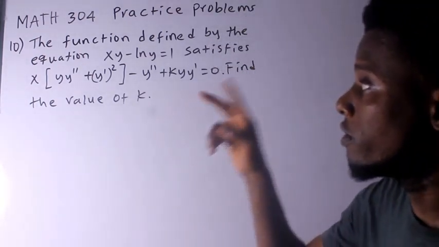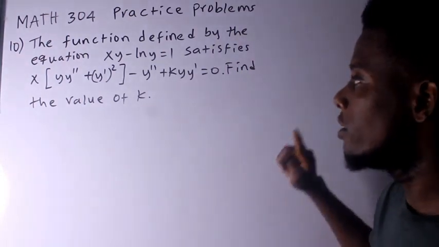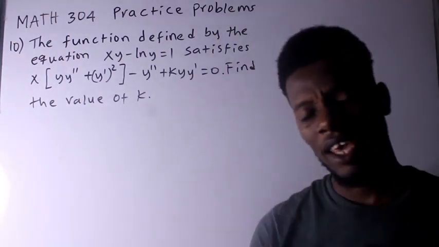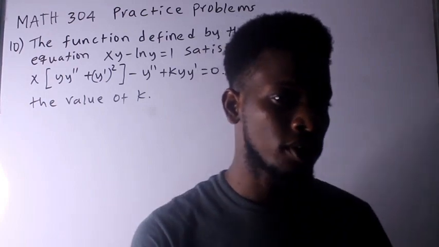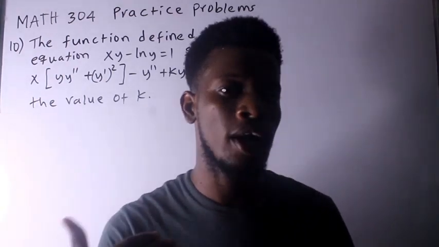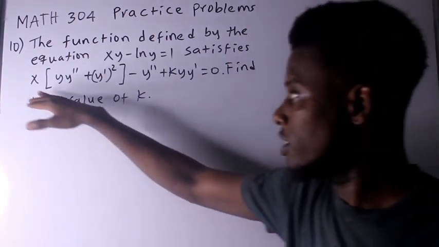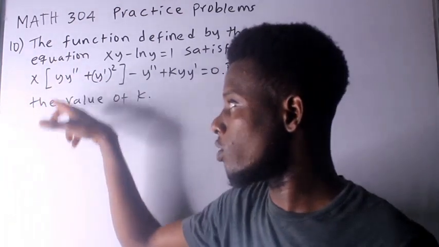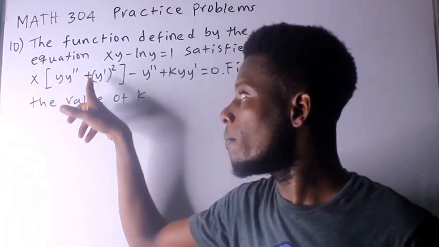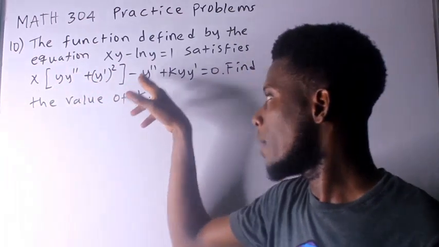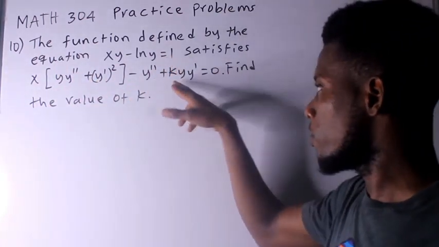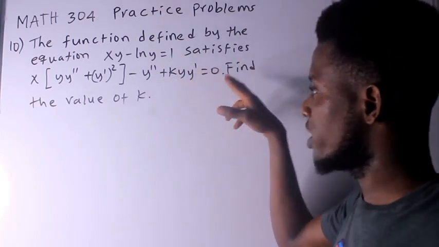So let's go directly. The function defined by the equation xy minus the ln of y equals 1 satisfies this differential equation: x[(y'' + y')^2] minus y'' plus k y' equals 0.